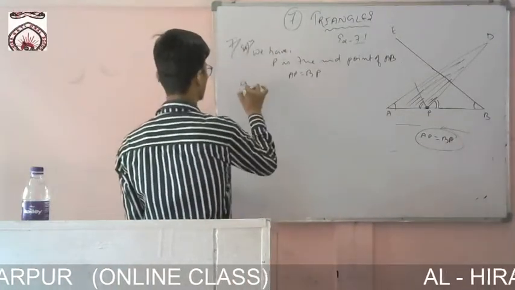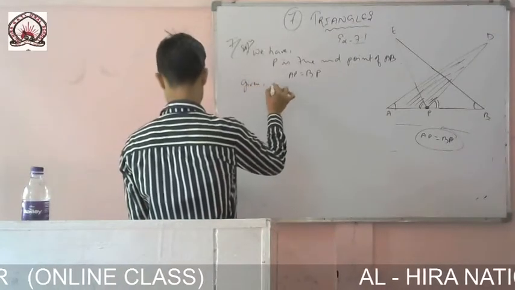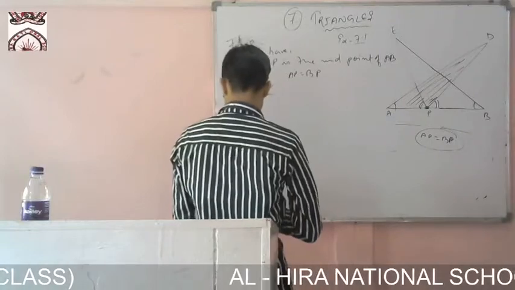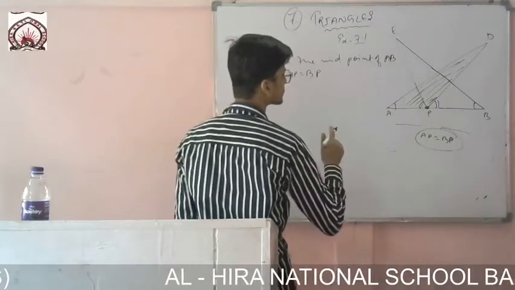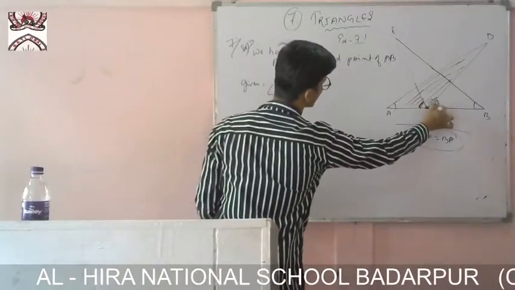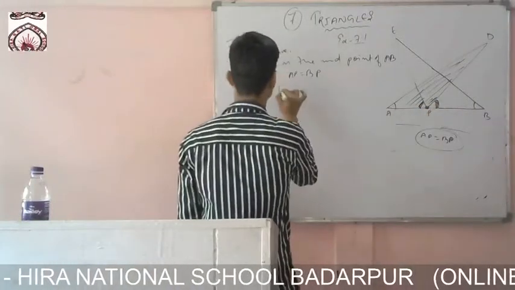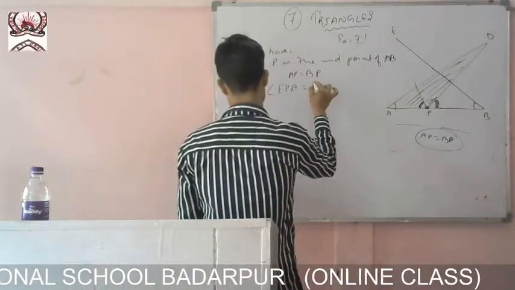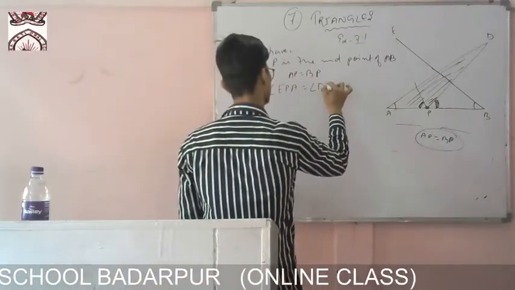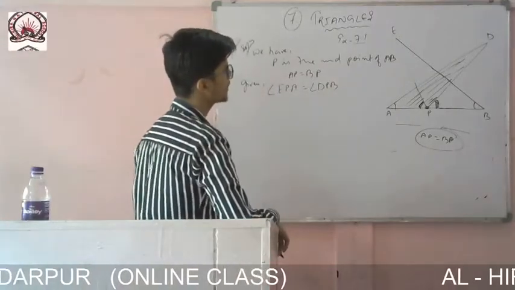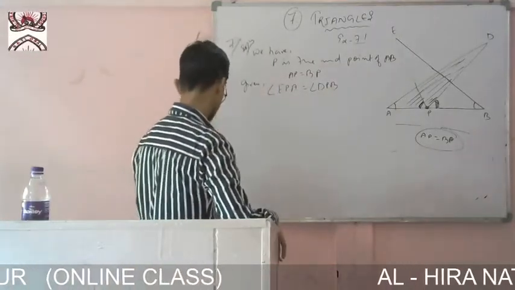Okay. Given angle EPA, that means this angle is equal to that one. EPA is equal to angle DPB. These are the things given in the question.